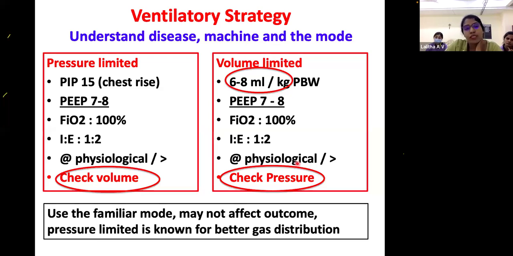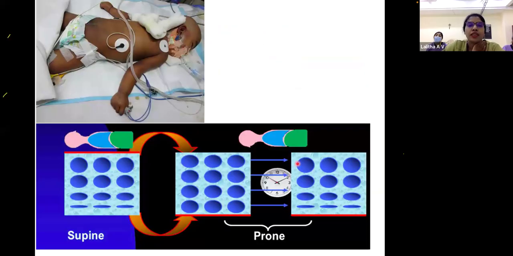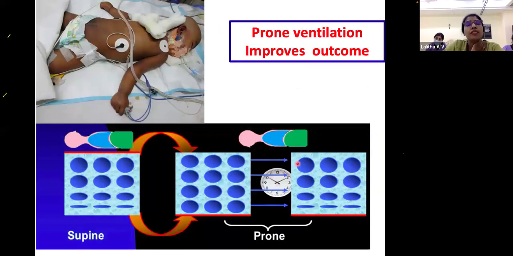Basically, pressure mode is usually selected for better gas distribution because of the decelerating flow. If you remember in the previous class, we spoke that pressure mode has got decelerating flow, which is quite beneficial in ARDS.